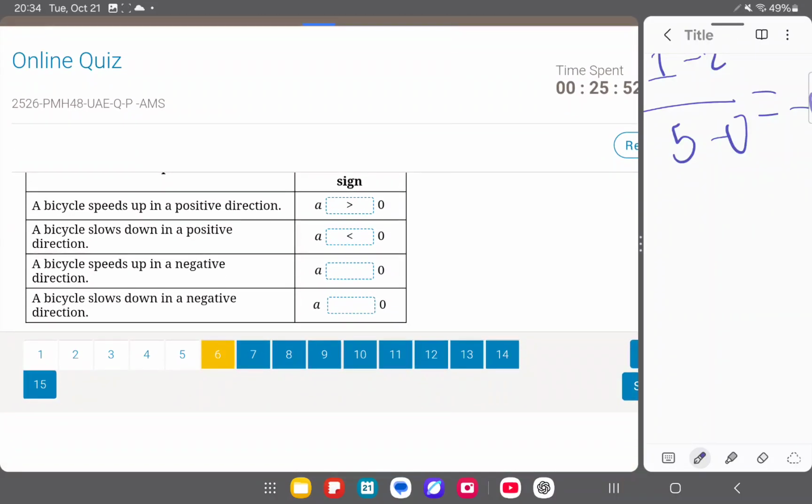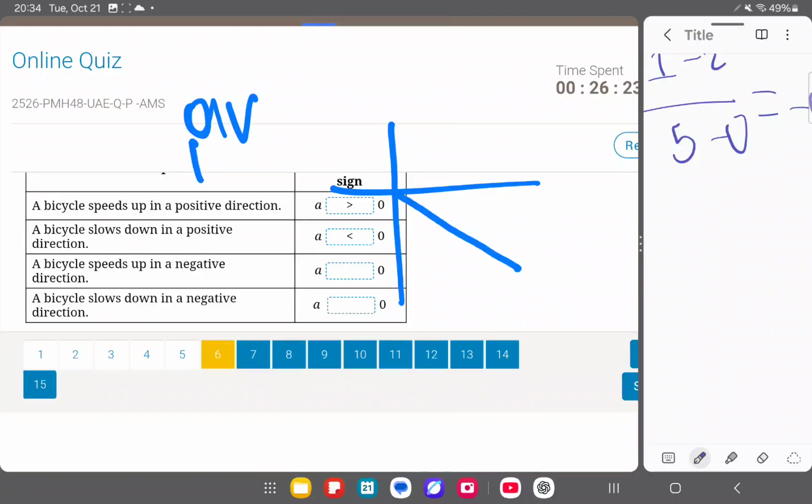When they say speeding up, that means a and v have the same sign. So when the thing speeds up in the negative direction, it should be speeding up in the sense of where it's negative, and that is also negative, because when it's speeding up in the negative direction, that means a has to be minus and v has to be minus.